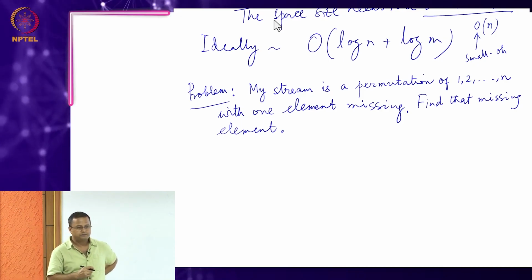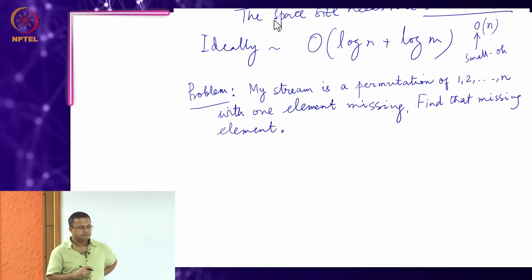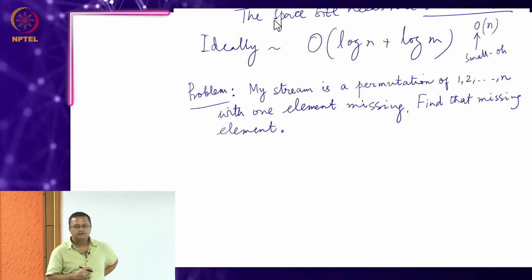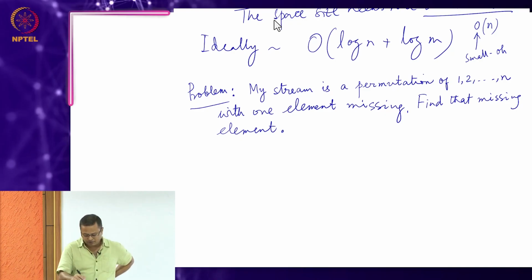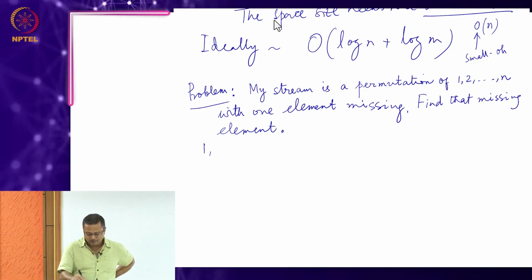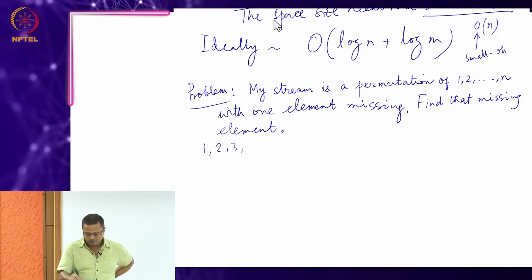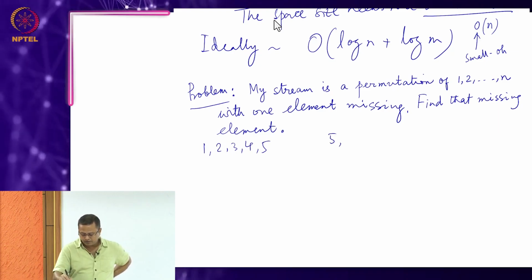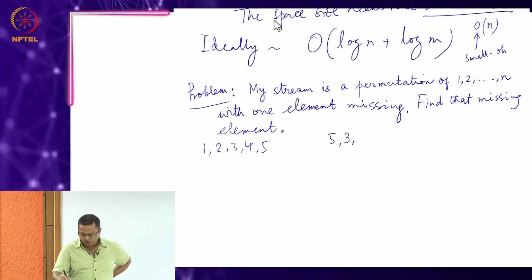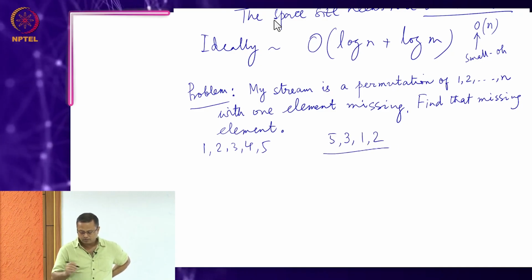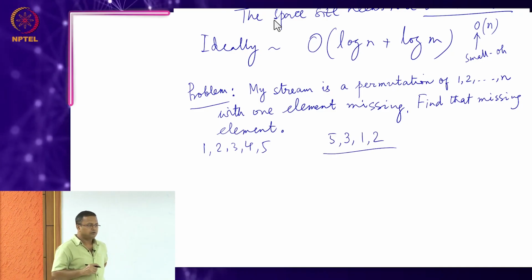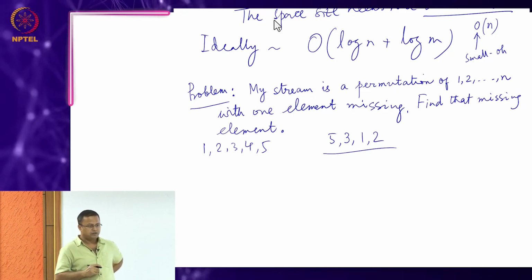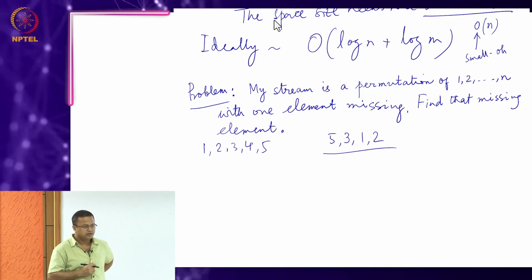You understand this problem? My input stream is, for example, 5, 3, 1, 2. So, one element is missing, and you have to find that.